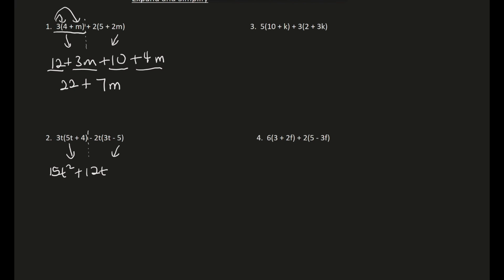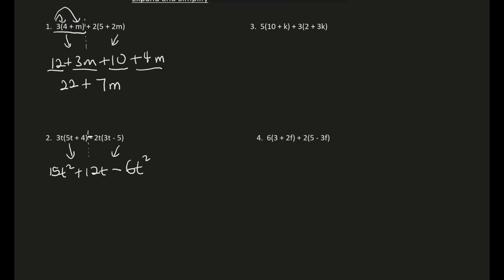Then our next bracket. Now, don't forget we have a negative sign here. So that's minus. So we have minus 2t times 3t gives us minus 6t squared. Don't forget, negative times positive gives you negative.